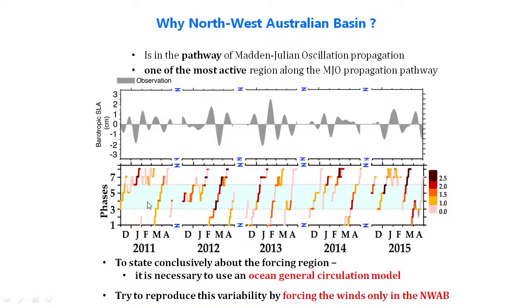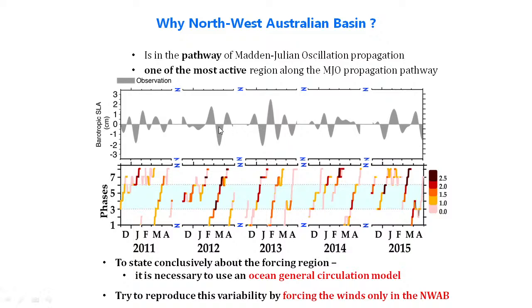We are finding that during phases 3 to 6 only, this is active. That means during phases 3 to 6, our MJO's winds are over the Northwest Australian Basin. So you can take both as a criteria.